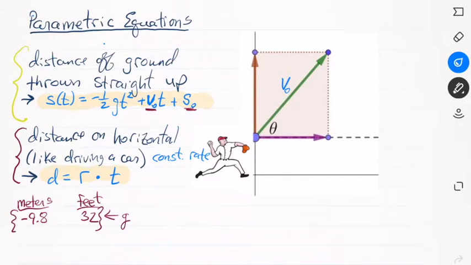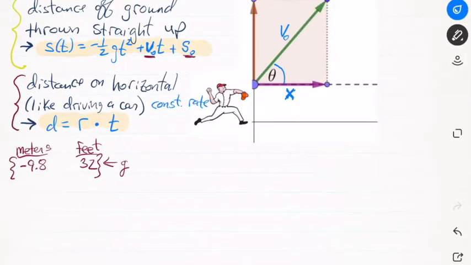Now, if it's in meters, it would be meters per second. If it's in feet, it would be in feet per second. So if that's v sub 0, then to find this side, because it's going horizontally, I'll call that x, and we have this angle of the throw, then the x is the adjacent, v sub 0 is the hypotenuse, and that would be cosine.